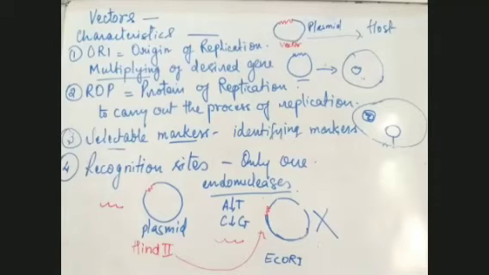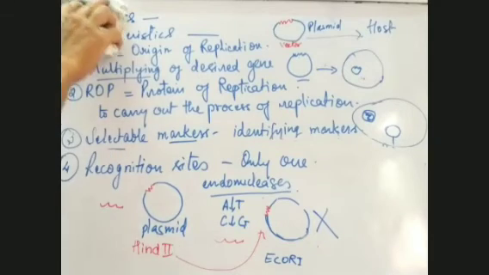Then recognition sites where the endonucleases make a cut. It should be one. If it is more than one, the vector, which is a plasmid here, breaks into fragments, and our purpose is not solved. It is unable to carry a desired gene into the host. So these are the basic characters of vectors.